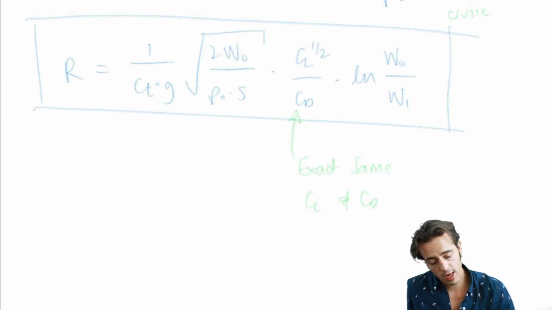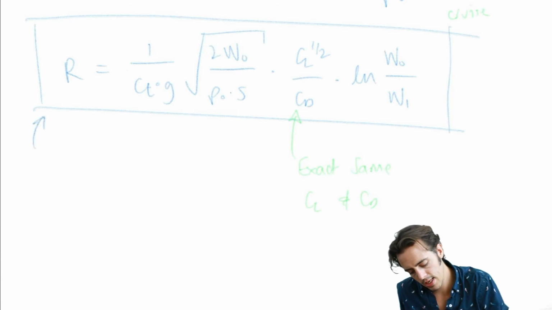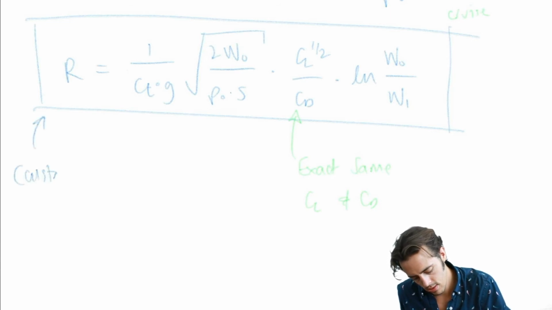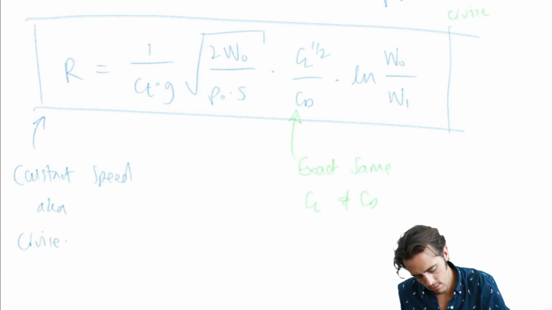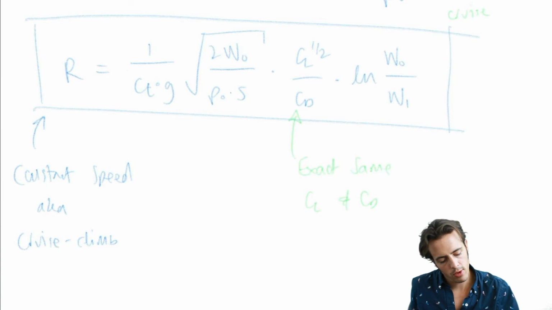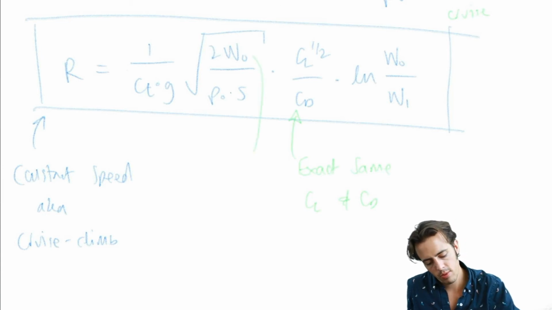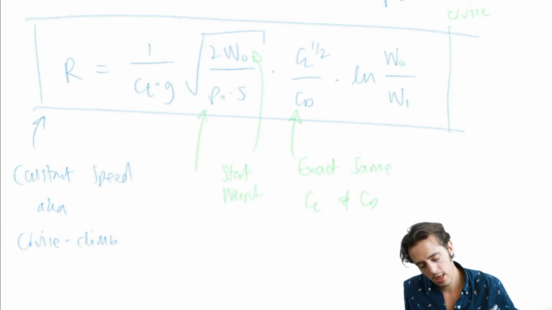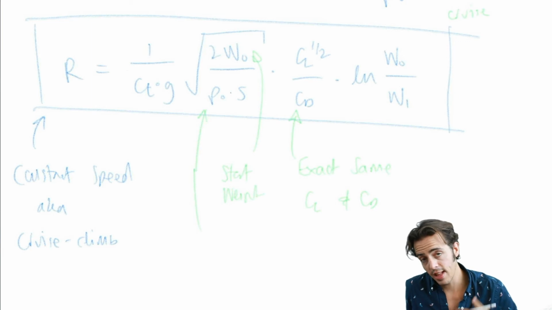For the cruise climb case, which is the constant speed, we use the same CL and CD as before, and we've simply got to include a couple of other parameters. So remember, we've got the start weight, and here we've got the starting density, or the density at the start of the cruise.